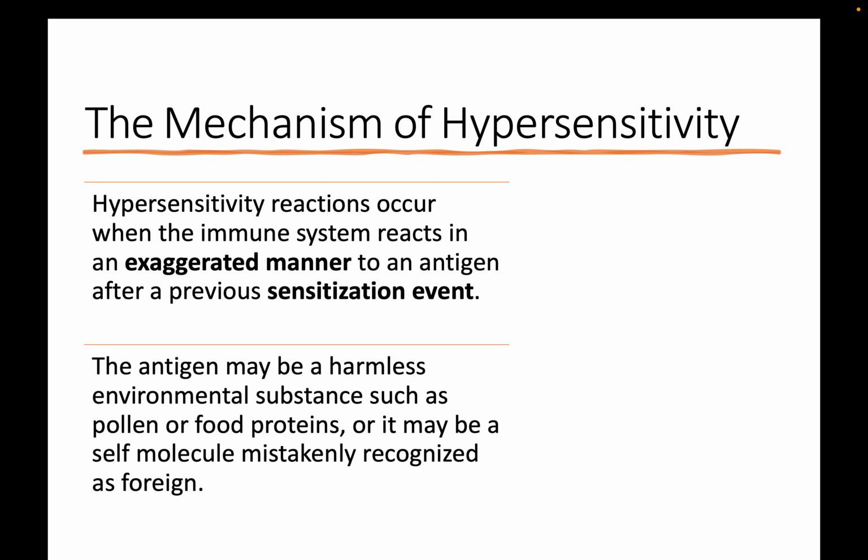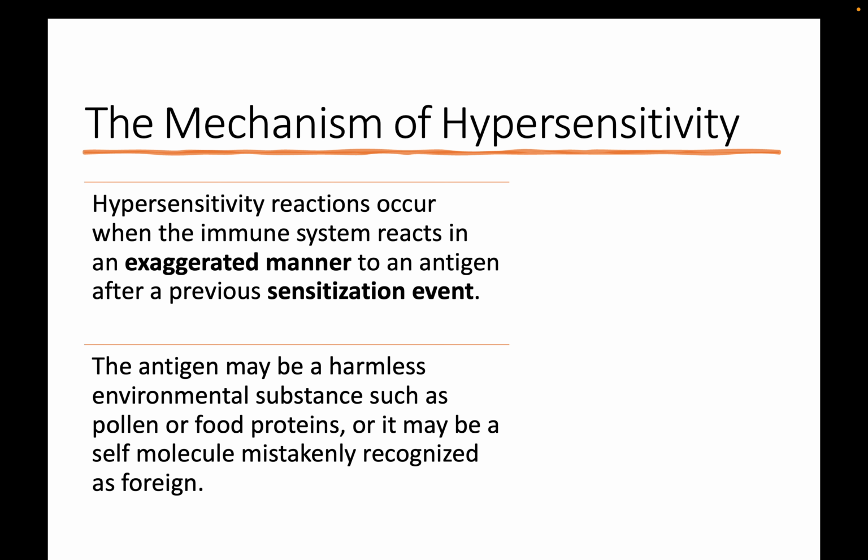So the whole mechanism: hypersensitivity occurs when the immune system reacts in an exaggerated manner to an antigen after a previous sensitization event. What this means is that you need to be sensitized, meaning that this is your adaptive immune system. It's either your antibodies or your T cells.